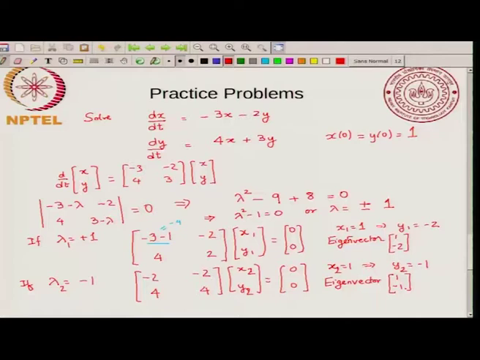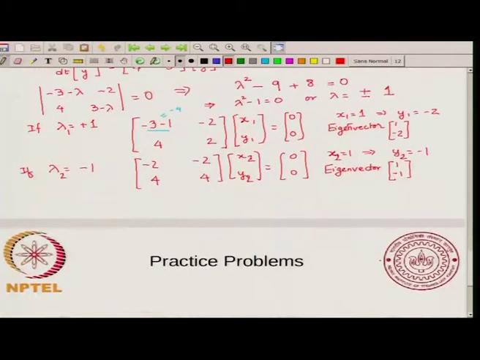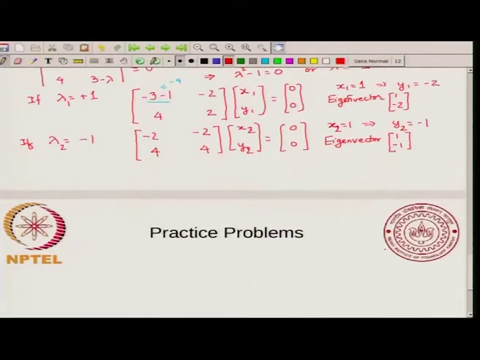So, we have the two eigenvalues and two eigenvectors, and now we can write the general solution in the following form. The general solution is (x, y) equal to, I take the first eigenvector, (1, -2), multiplied by C1, and then e raised to the eigenvalue lambda 1 t.